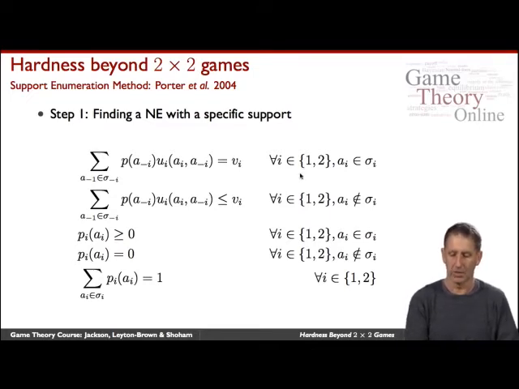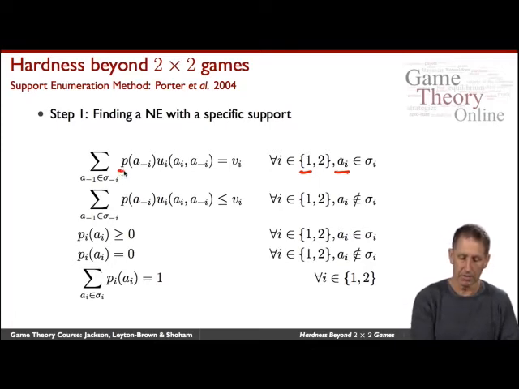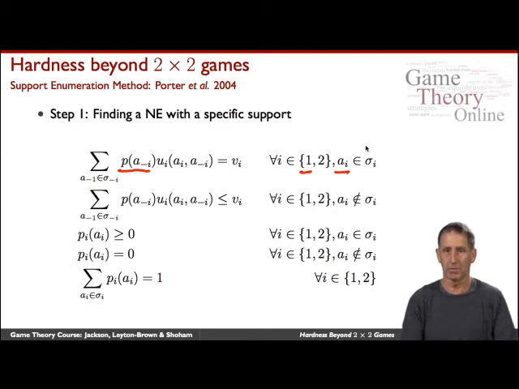This will be limited to 2 players. Let's look at all players in turn, for example, player 1, and let's look at every action of that player, for example, a sub i. We'll be looking for some mixed strategy profile for each of the players that will give us a Nash equilibrium, namely each agent will be best responding.